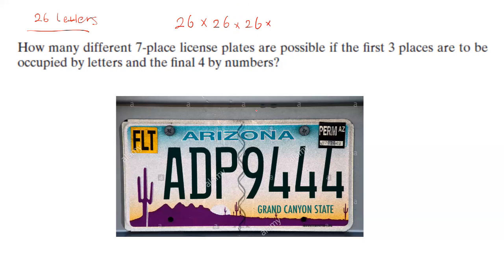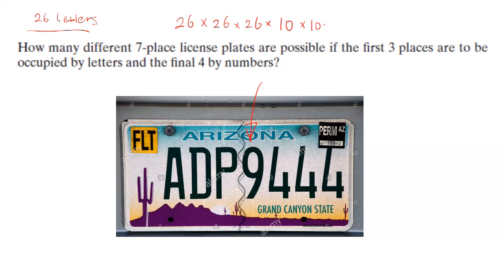So how about the fourth step? The fourth step, we choose one digit out of 10 digits, right? 0, 1, 2, 3, 4, 5, 6, 7, 8, 9. There are 10 different digits. So we have 10 different ways to complete the fourth task. And for the 5th, 6th, and 7th tasks, it's the same as the fourth task.